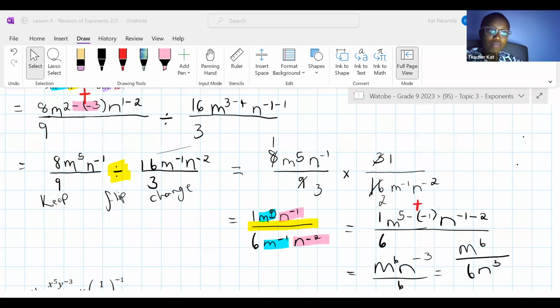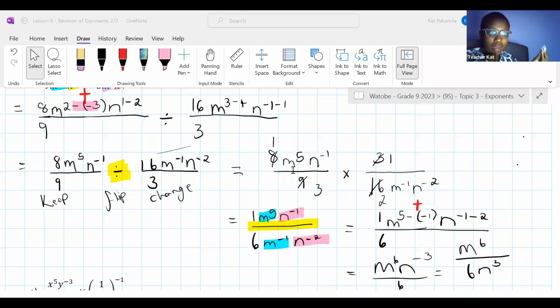Okay, we agree that we cross-cancelled, right? Yes, ma'am. So you just multiply. Wasn't there 1 left there? Yes, ma'am. So it's 1 times 1. That's where that 1 comes from.